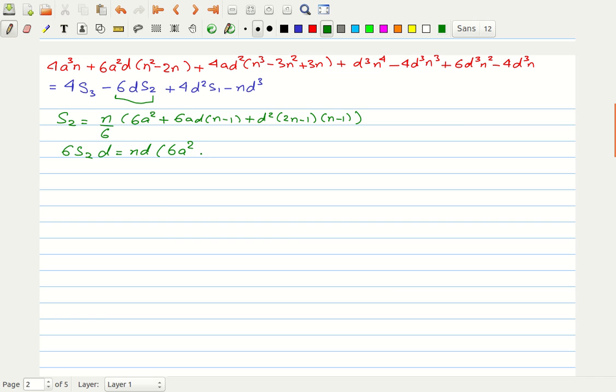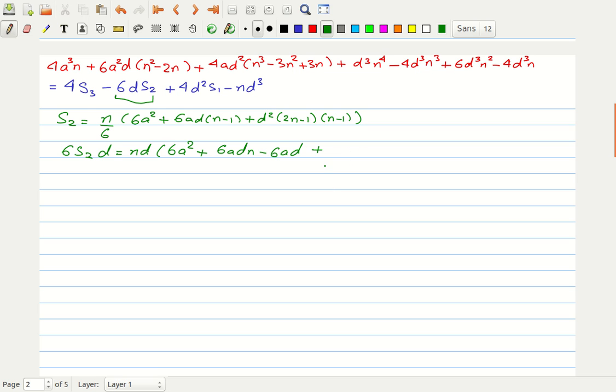6a square. Now let us expand it. The reason I am expanding everything is because we will have to collect the like terms and then simplify it, right? So this is nd times 6a square plus 6ad times n minus 1 plus what is 2n minus 1 times n minus 1? It is 2n square minus 2n minus n, that is 2n square minus 3n plus 1.